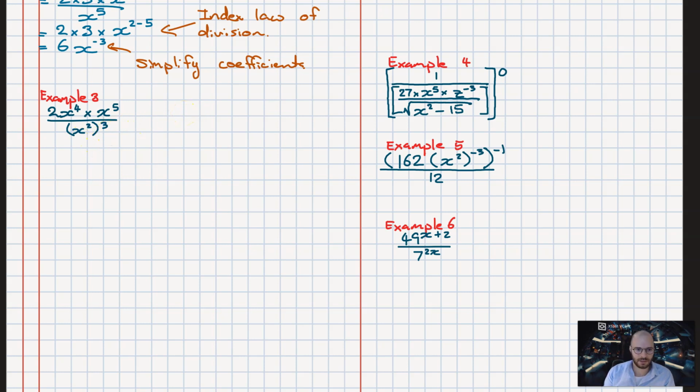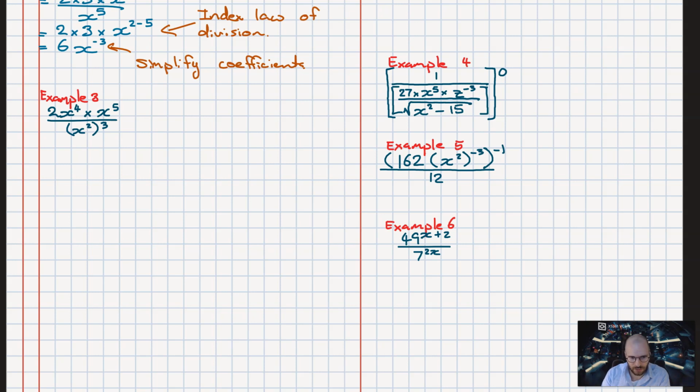So we've got three things going on here. We've got in the numerator, well firstly we've got a quotient, and then in the numerator we've got the multiplication of two terms, or two factors with common bases, and then we have down in the denominator the brackets raised to a power.